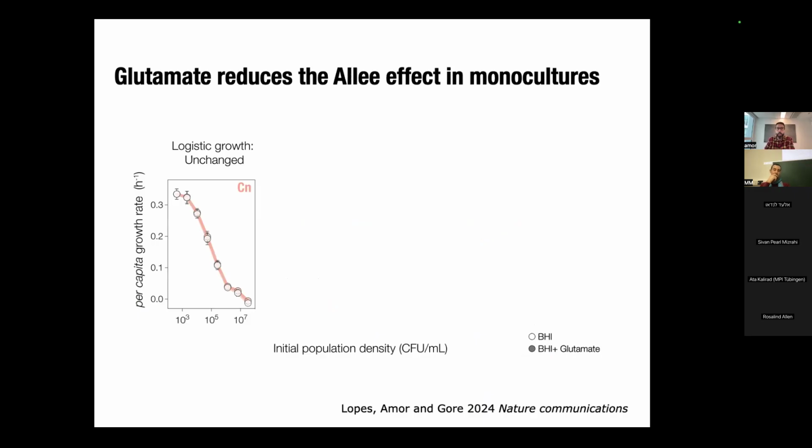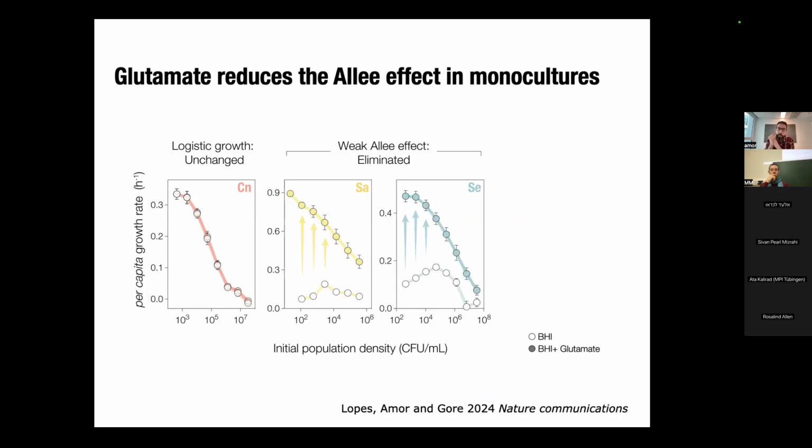So if we grew the Cryptococcus, so this red species, with added glutamate, its growth didn't change much compared to the original condition. But when we grow the other microbes, the ones that were cooperatively growing, what we saw is that for these yellow and blue species, both of them were improving quite much the growth rate at low densities, so somehow making it closer to logistic growth.